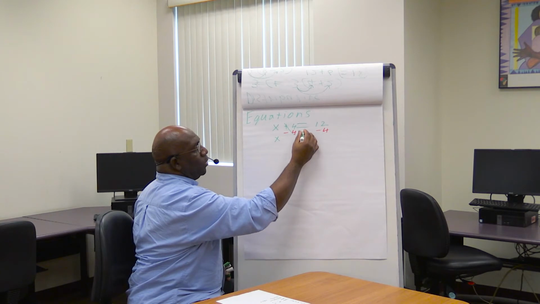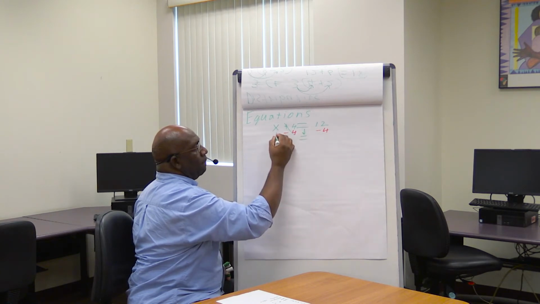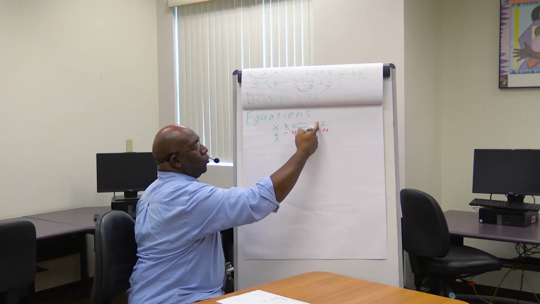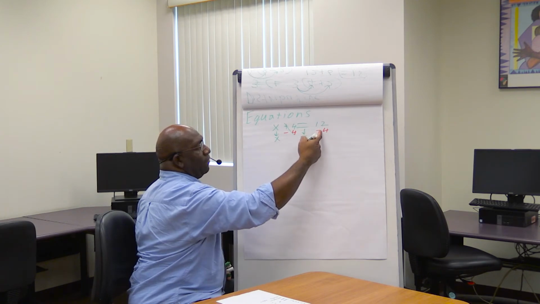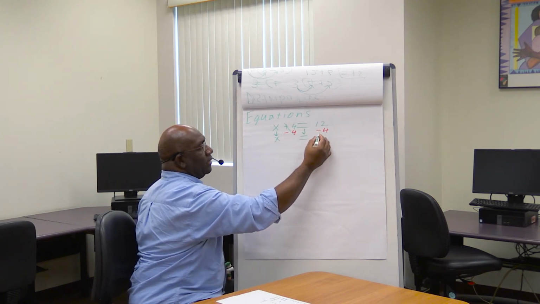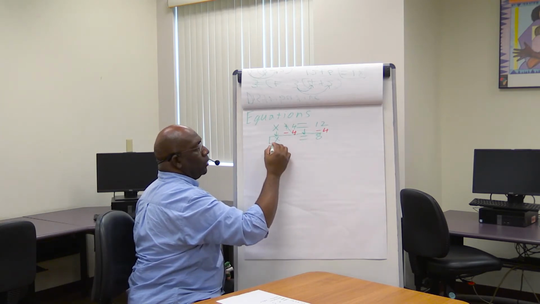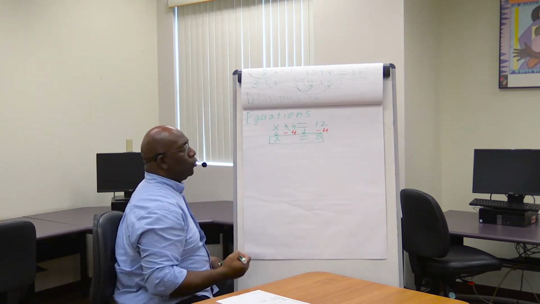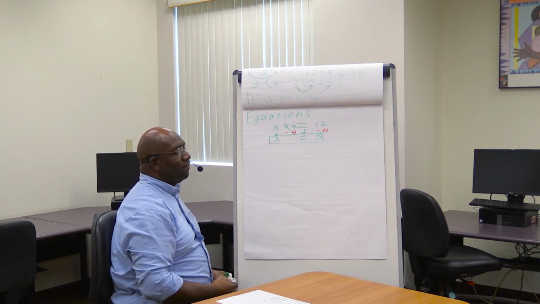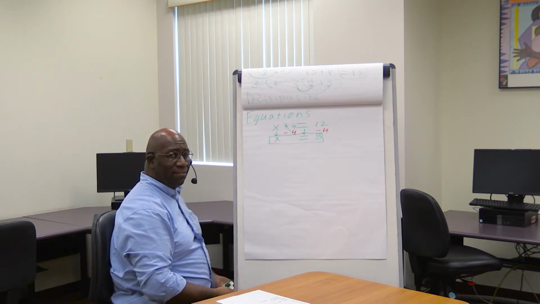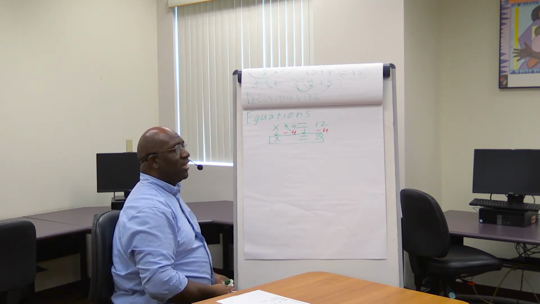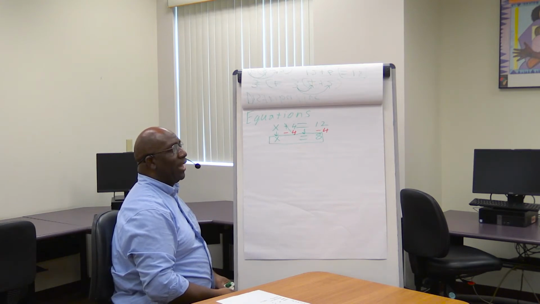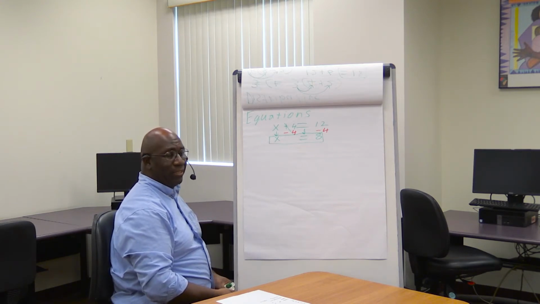Bring down my equal sign. 12 take away 4 gives me 8. And there's the answer to my equation. X plus 4 equals 12. And by solving that equation, I've come up with x is equal to 8.